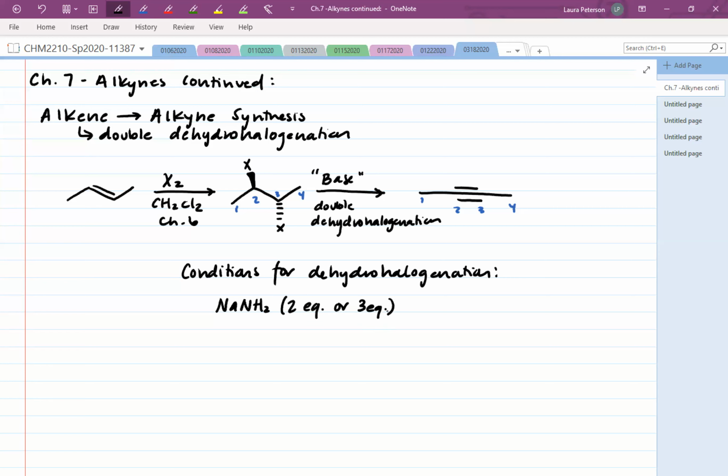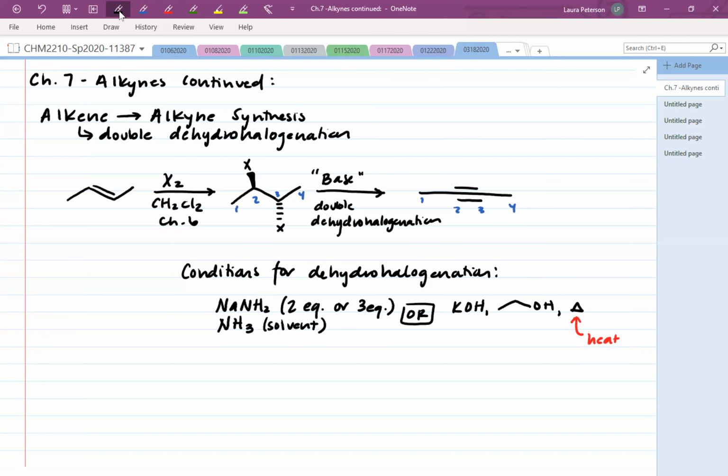I know we haven't introduced the term equivalents yet, so I will do that in just 1 minute. Then our solvent is ammonia. So that's one set of conditions, NaNH2 and NH3, where we can see that there's a base present. The other set of conditions is KOH, potassium hydroxide, ethanol, and heat. Delta, which is also something we have never seen before, is heat.